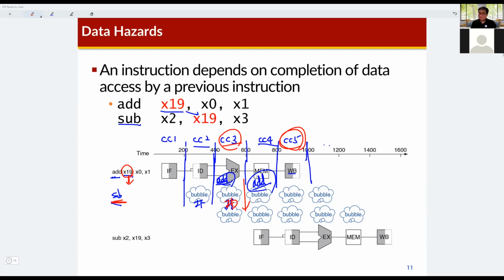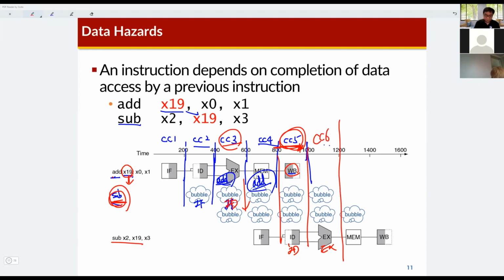If the processor generates incorrect results, then we cannot use this processor, right? So this sub instruction needs to wait until the result of the add instruction is returned back to the register file at CC5. That's why the ID stage of the sub instruction is shifted to CC5 here. And then finally, the sub instruction can be executed at CC6.